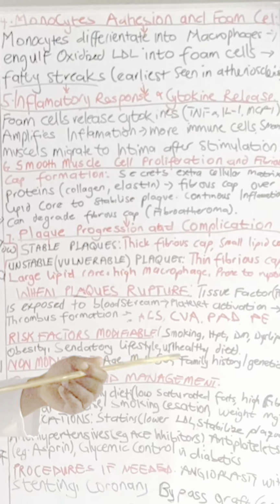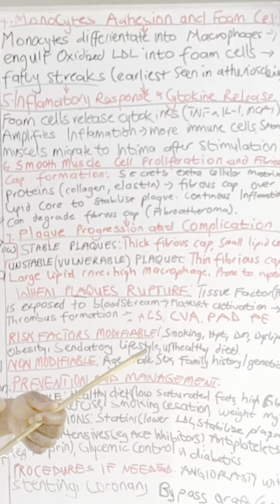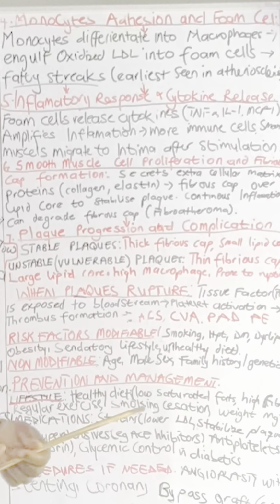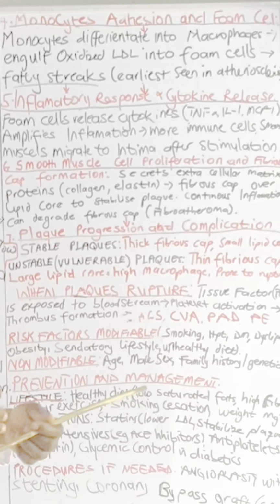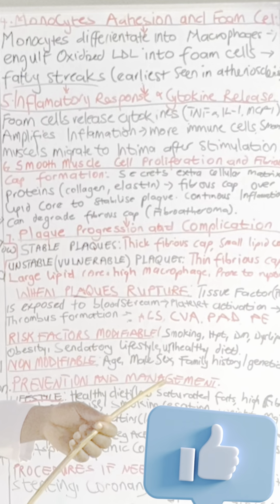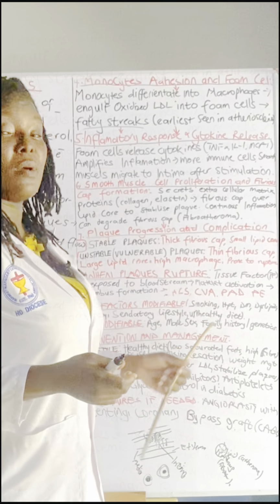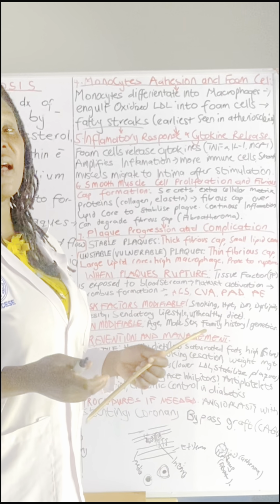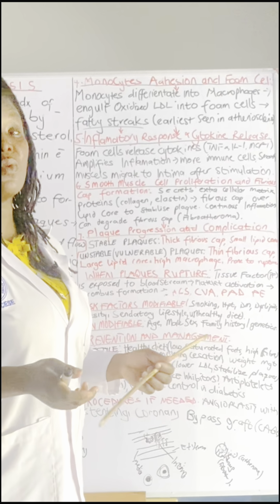where we have our unstable angina, our NSTEMI or non-ST elevation myocardial infarction, and then our STEMI, which is ST elevation myocardial infarction. Okay, so now if it gets into your carotid arteries, then you're going to have a CVA or a cerebrovascular accident, or what we simply call stroke.